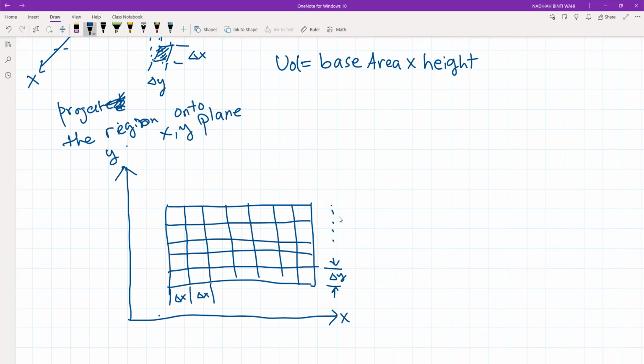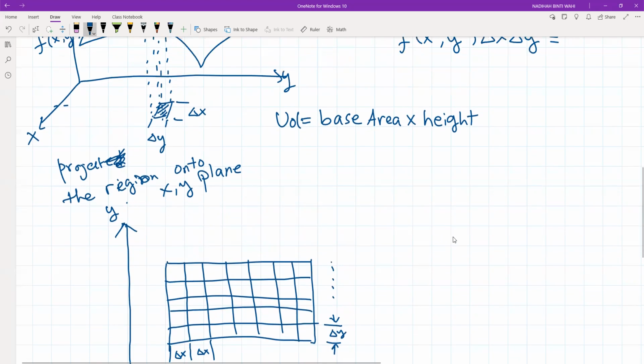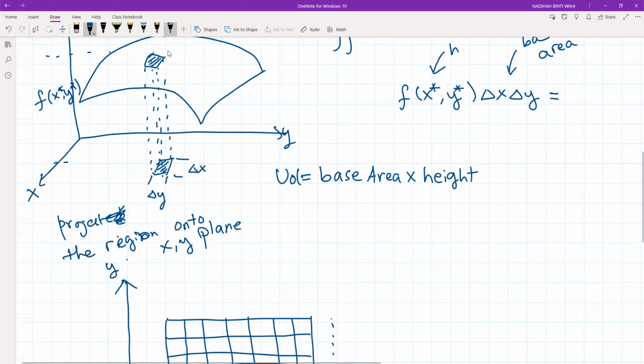But what's the problem? The problem is the height. Why? Because the height at this point is not the same as at this point. That's why I put X star and Y star.